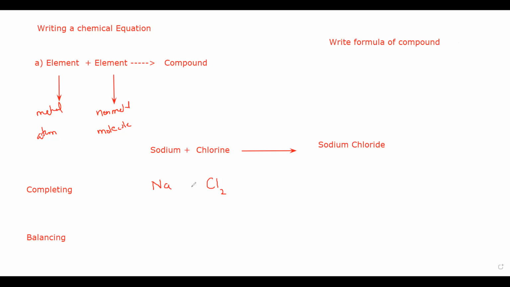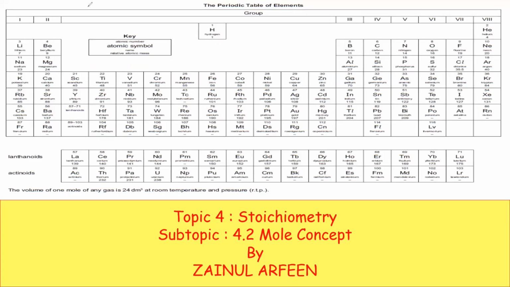So how will you use the periodic table? The group numbers are actually the charges. For group 1, it is +1, group 2 is +2, group 3 is +3, group 4 is -4, group 5 is -3, group 6 is -2, group 7 is -1, and group 8 is 0.